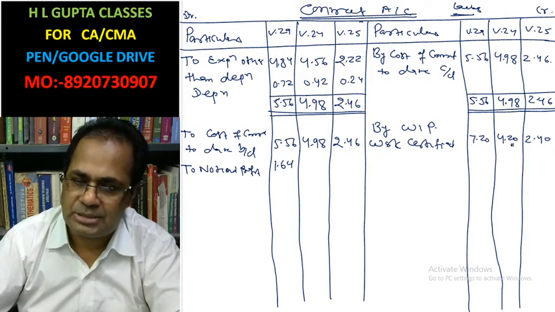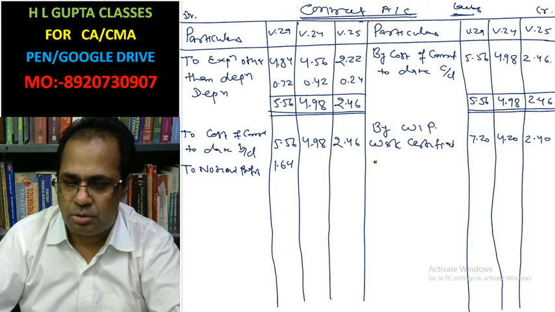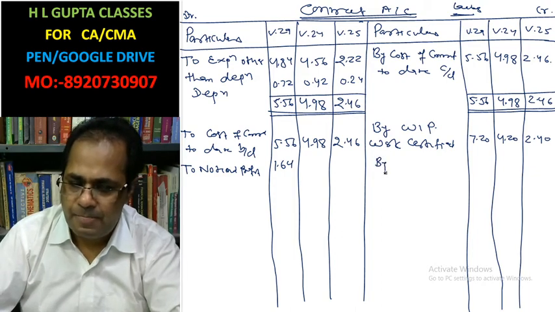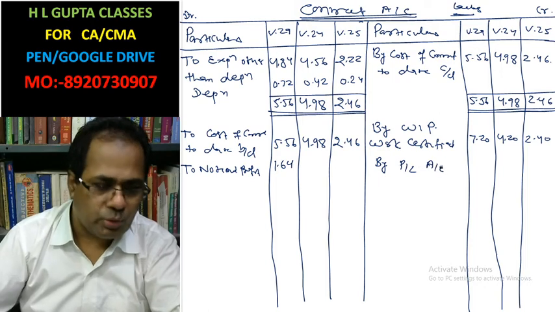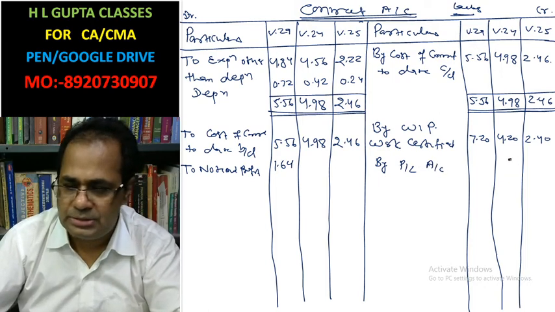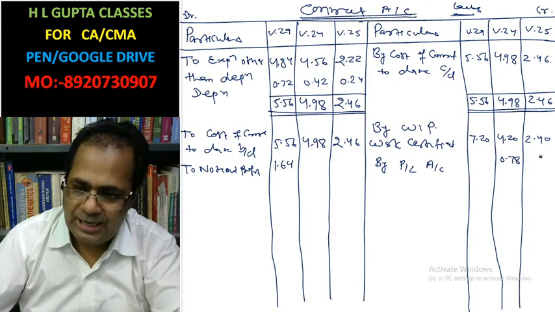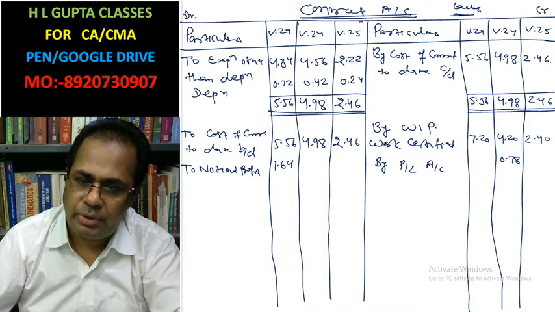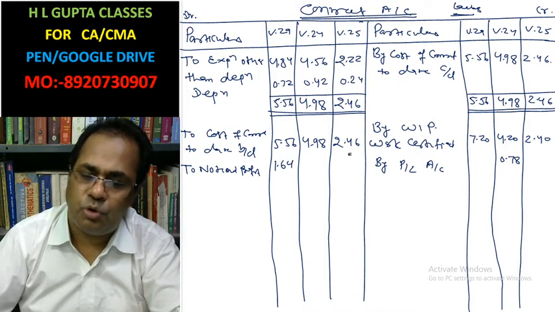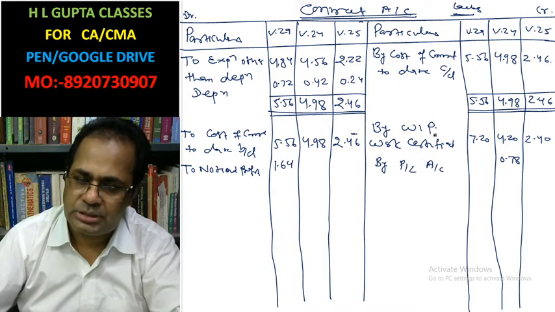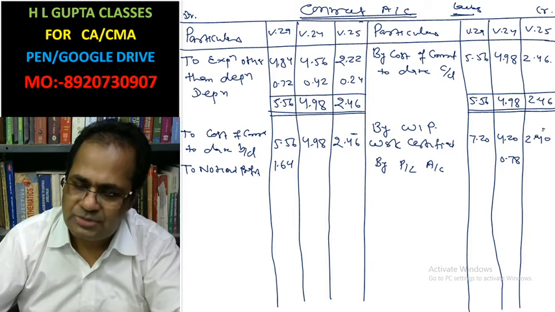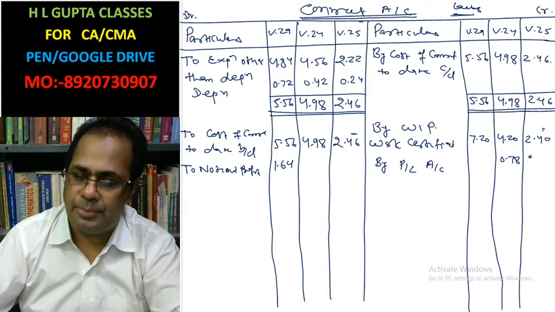It means in the second contract B24 there is a loss. By profit and loss account, the amount is 0.78 in this case. And in the third contract, the cost is 2.46 and work satisfied is 2.40, which means there is a loss of 0.06.